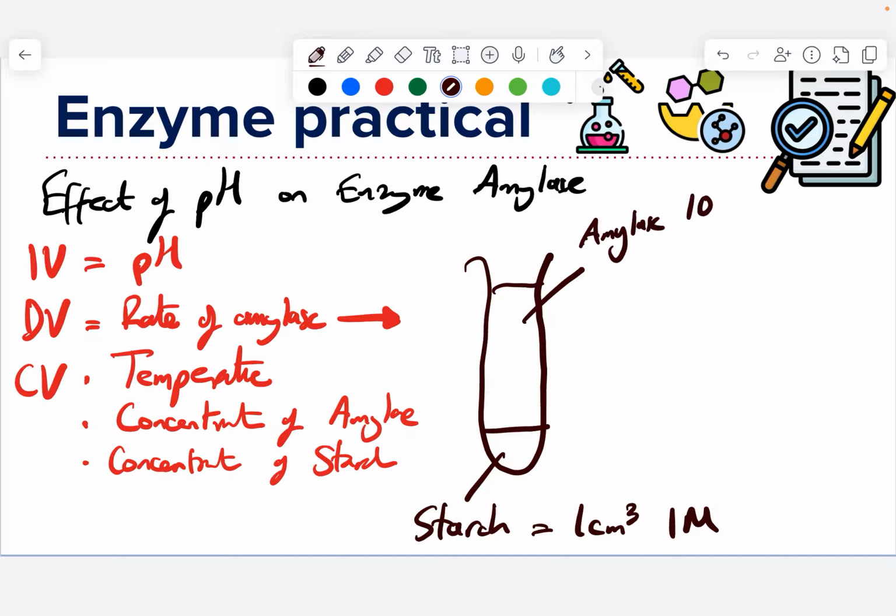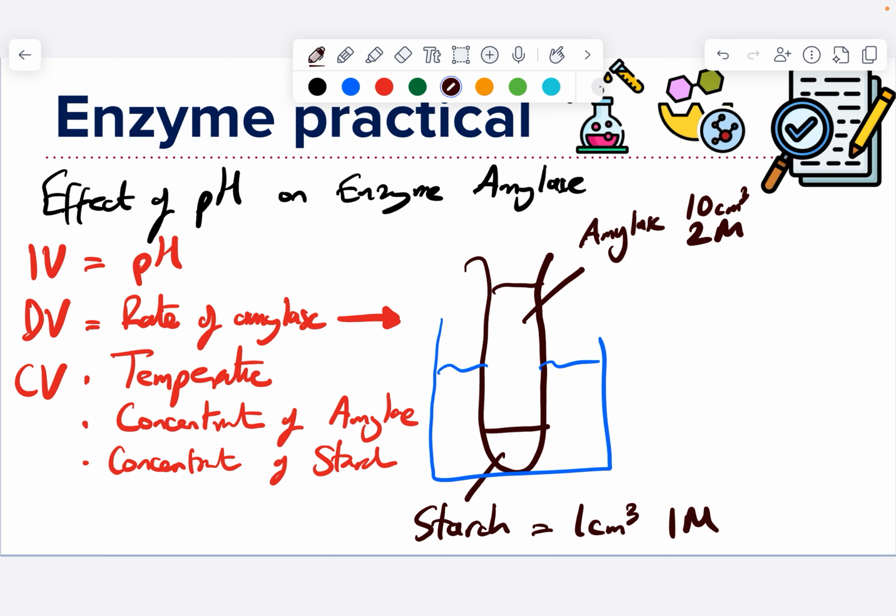You're going to have an exact volume, and an exact concentration, because they're control variables. And to control the temperature, this is all going to be carried out in a water bath. So you let them reach the correct temperature, so they're both acclimatised to the correct temperature.